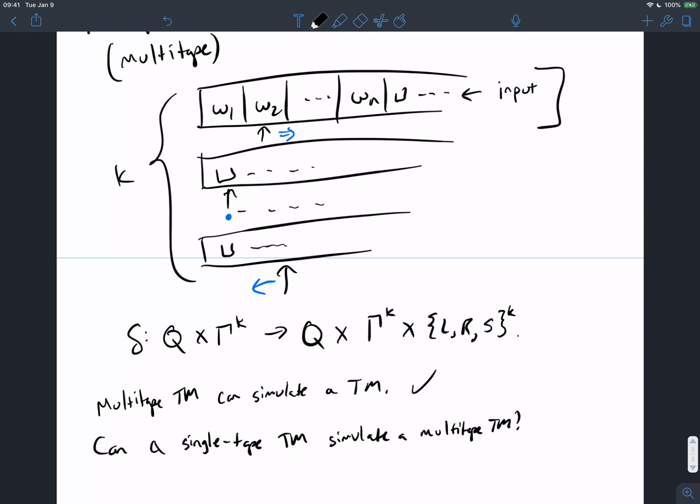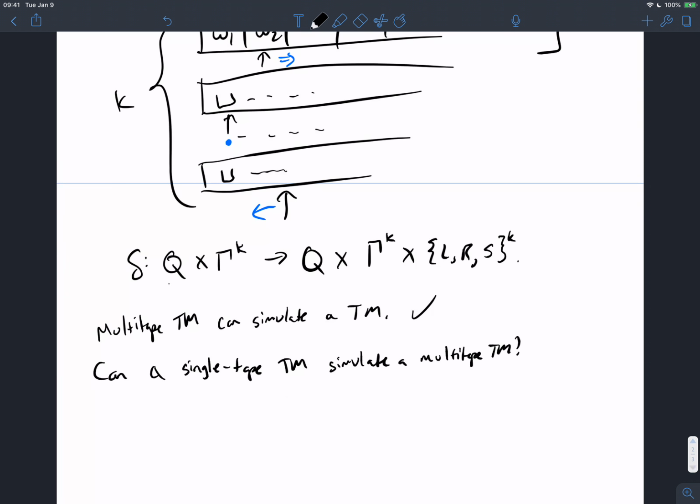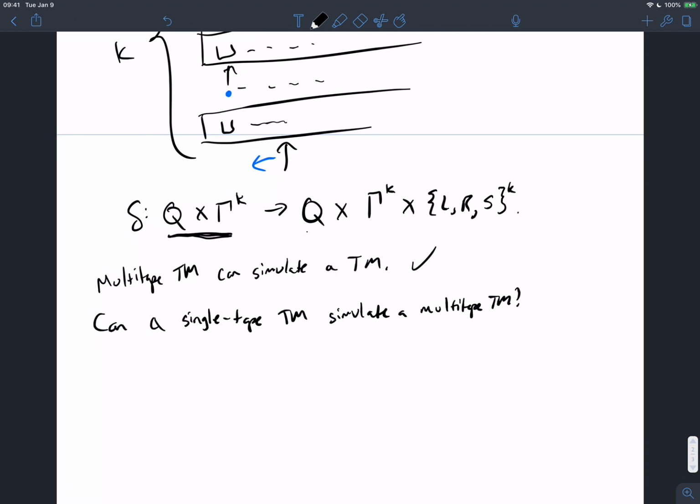So what does a transition in the multi-tape machine have to do? It has to look at each of the k symbols on the k tapes, and then from that, once it knows this left side information, it can, because the transition function is total, the right hand side is uniquely known.